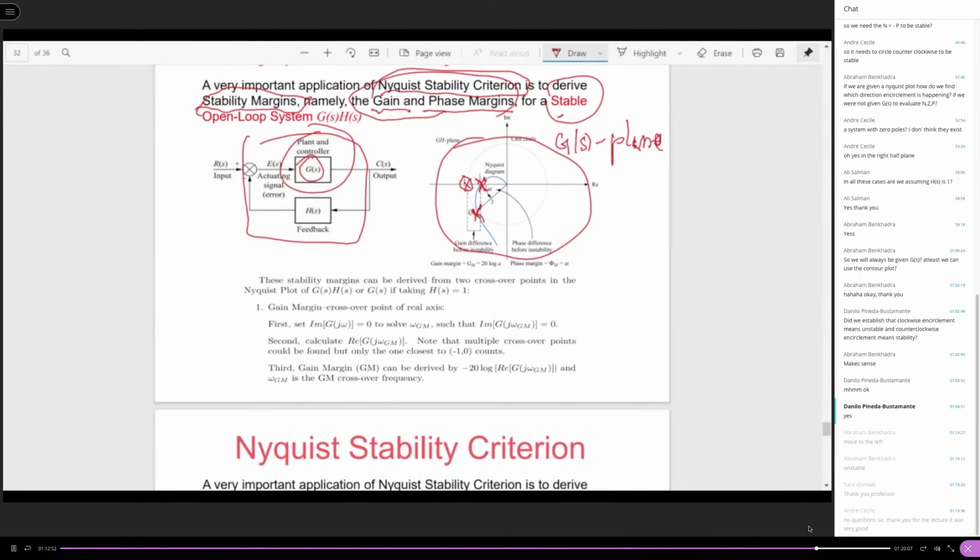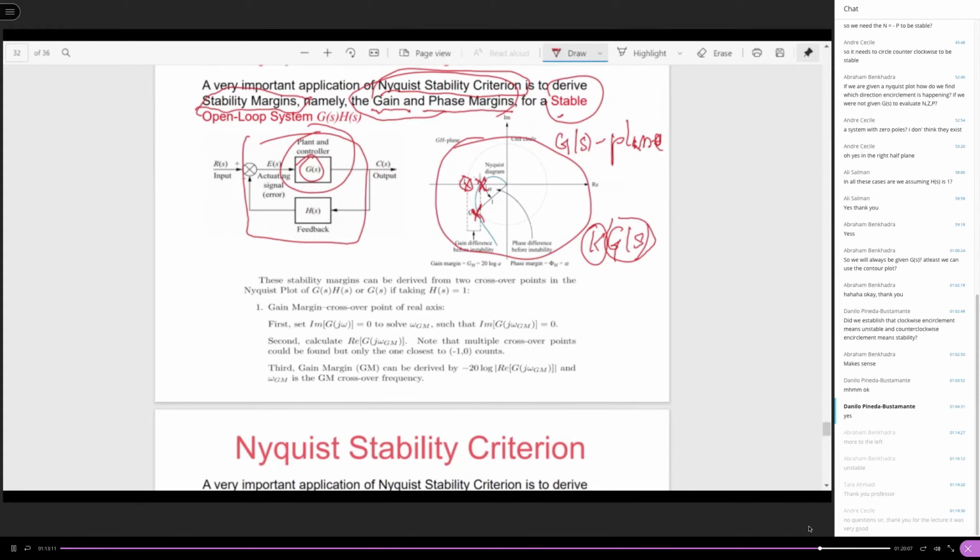For example, if you multiply G(s) by K, a constant value, what do you think this K is going to do to the Nyquist plot?